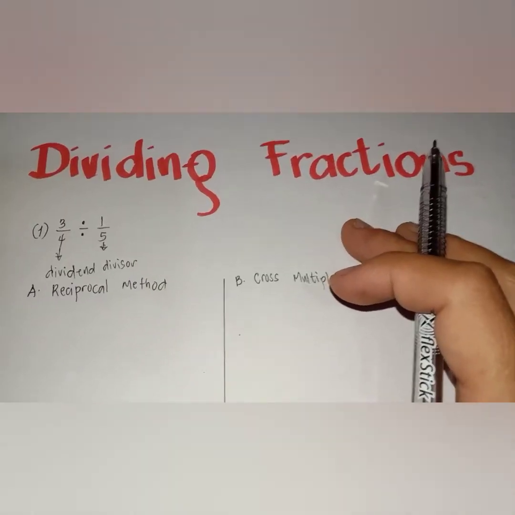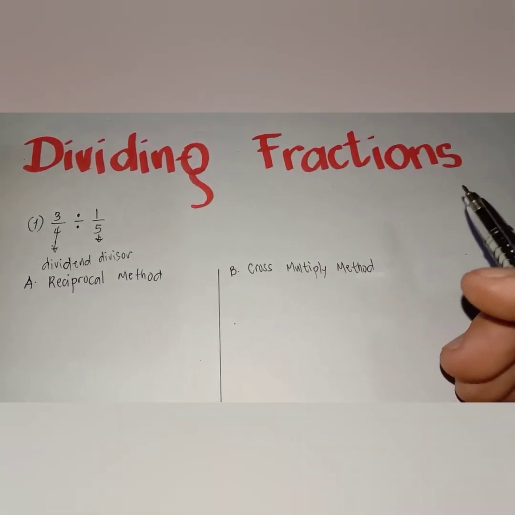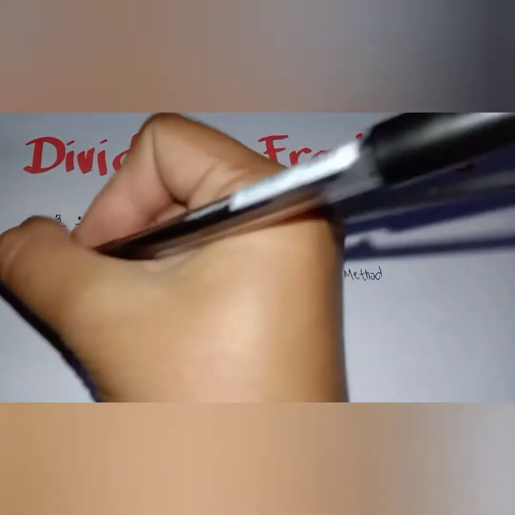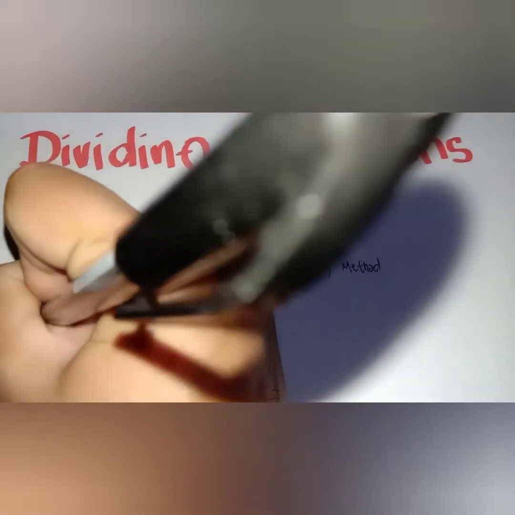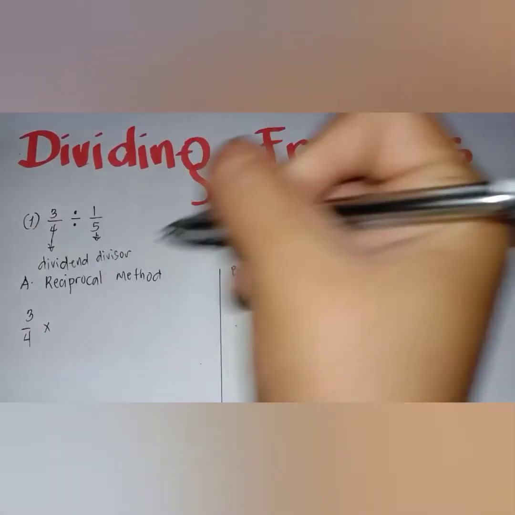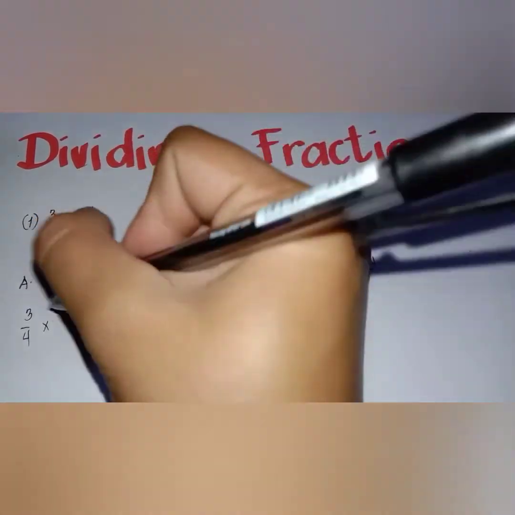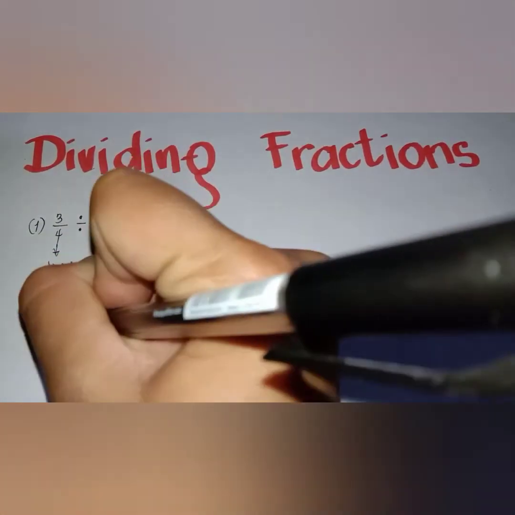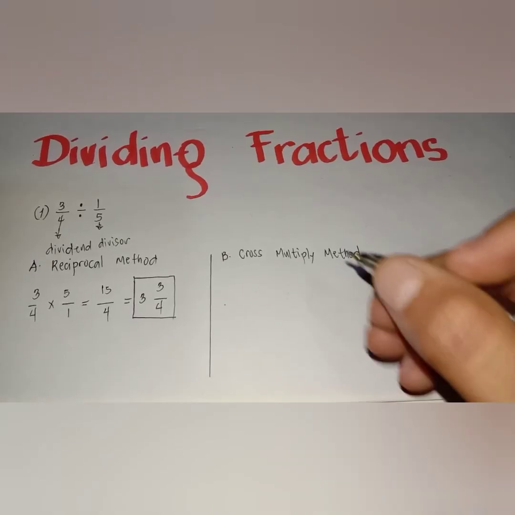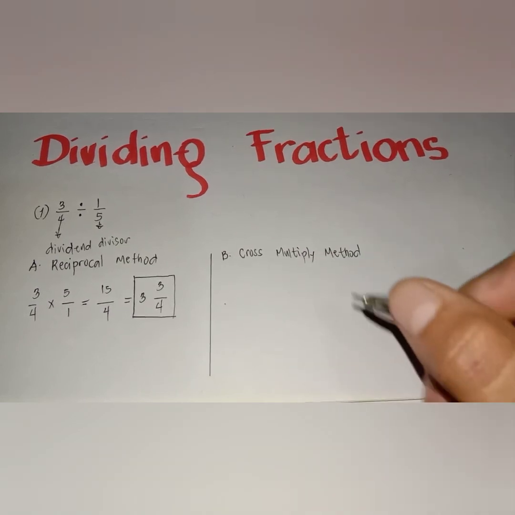Let's answer the given example using the reciprocal method. Get the reciprocal of the divisor, then proceed to multiplication, then simplify. So the answer is 3 and 3 over 4.